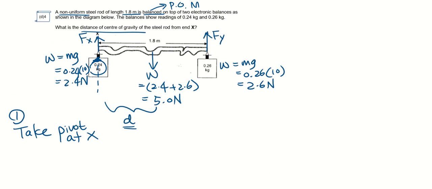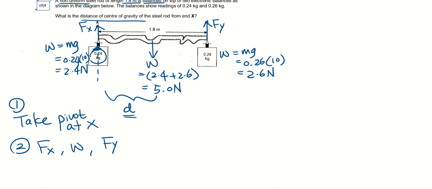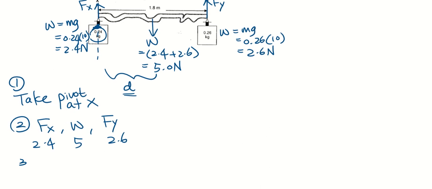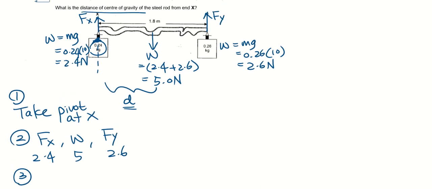Remember the six steps. Second, I identify how many forces. There are three forces: Fx, W, and Fy. Fx happens to be 2.4, W is 5, Fy is 2.6. Step 3, perpendicular distance.